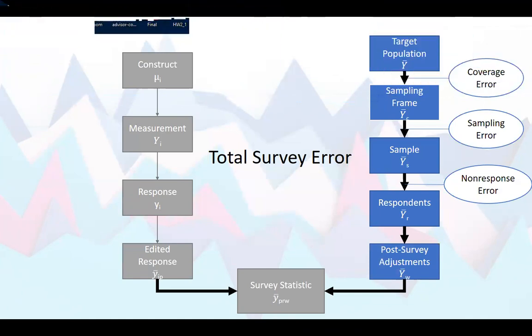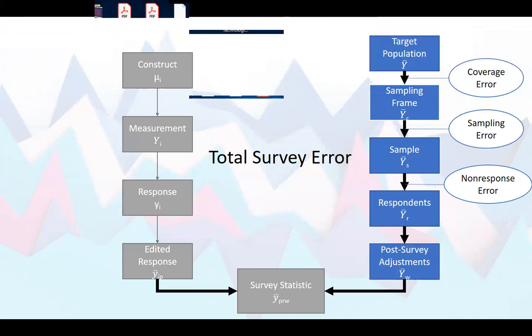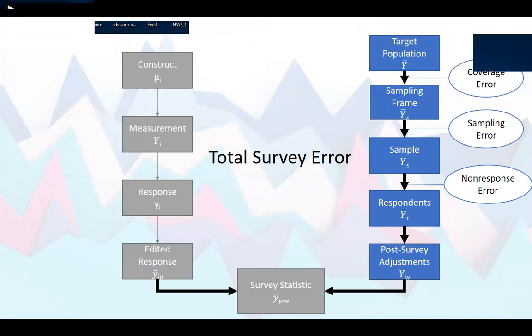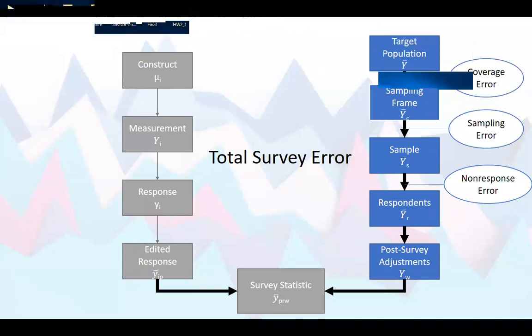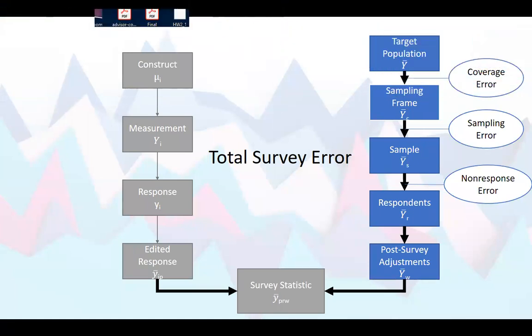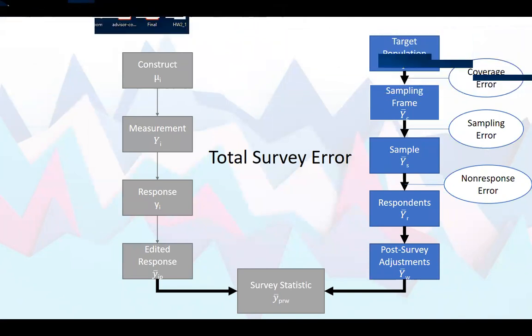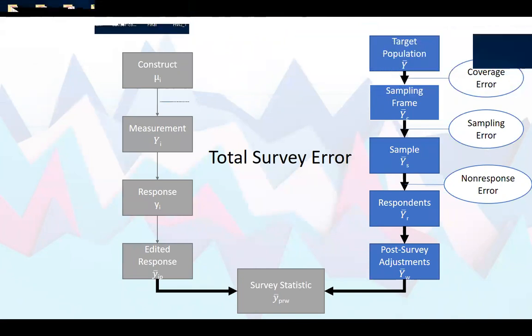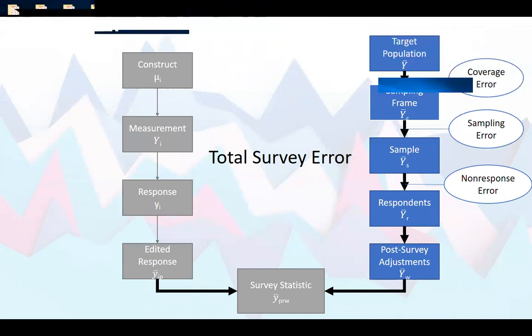So oftentimes you get the respondents to give you answers in a way that's natural to them, increases their likelihood of responding and responding accurately. But then when you go back to the lab, once you've collected your data, you find that it's necessary to do some post-survey adjustments that would allow you to translate those answers into more accessible numbers that can be analyzed with statistics.